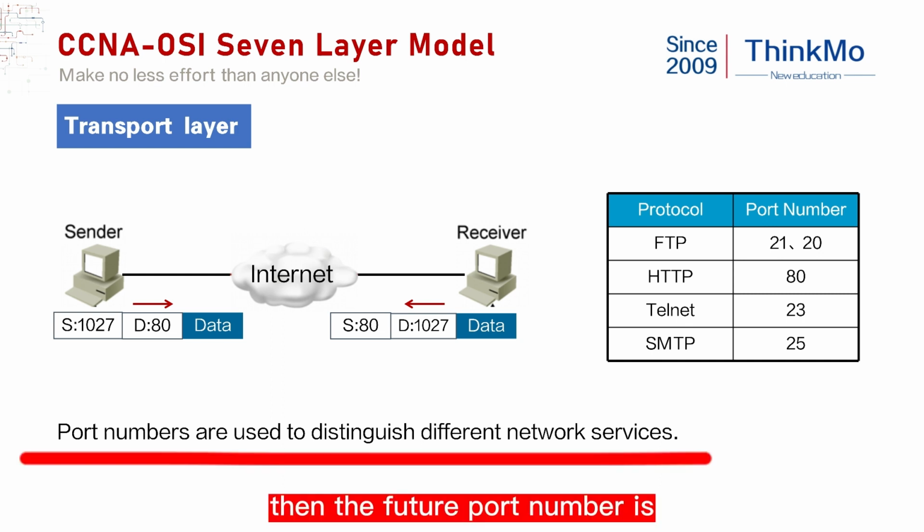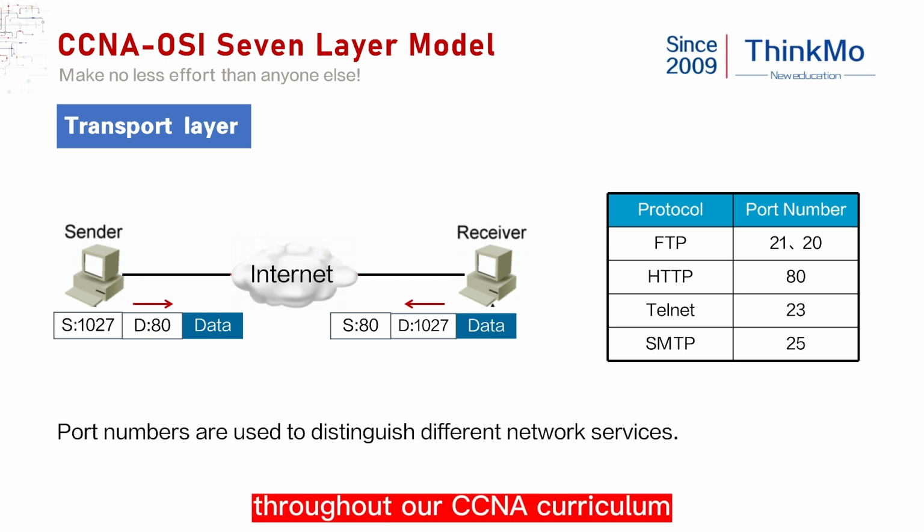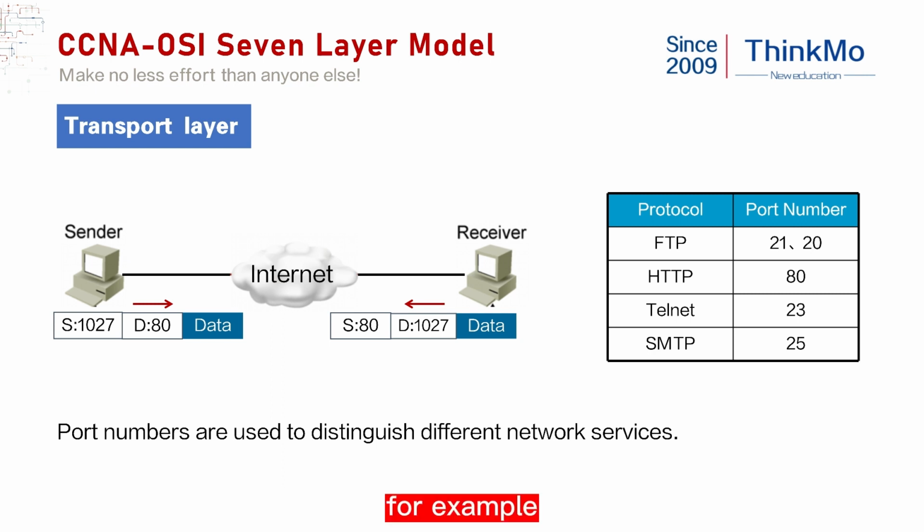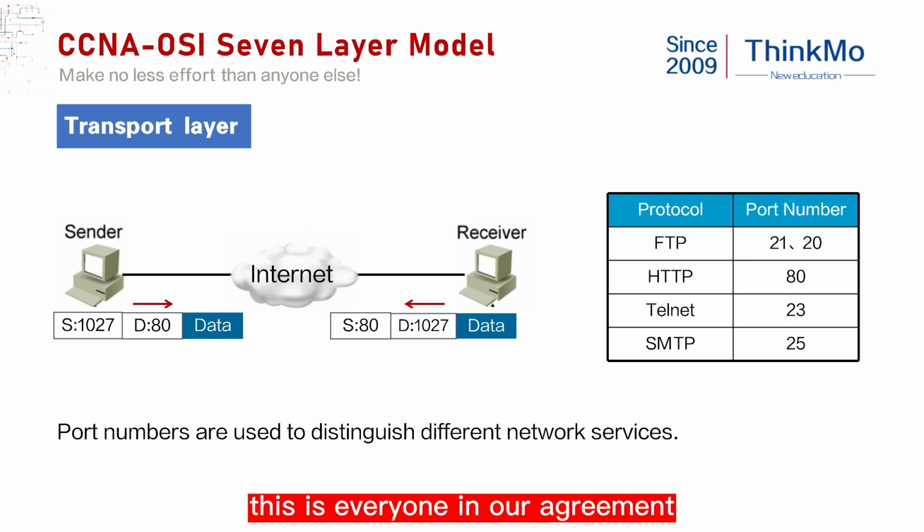The port number in the future is to distinguish our different network services throughout our CCNA curriculum. For example, we often mention HTTP 80, HTTPS 443, and we will often mention Telnet port 23. This is everyone in our agreement.